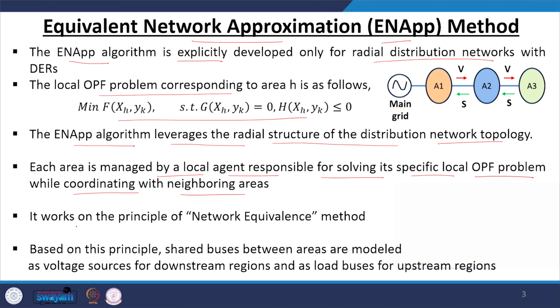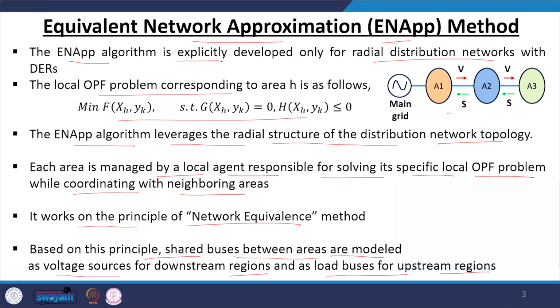It works on the principle of network equivalence, and based on this principle, only the shared buses between the areas are modeled as voltage sources for downstream regions and load buses for upstream regions.